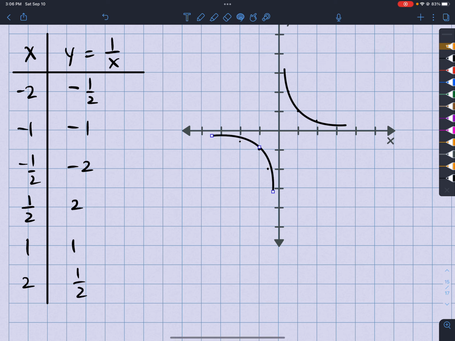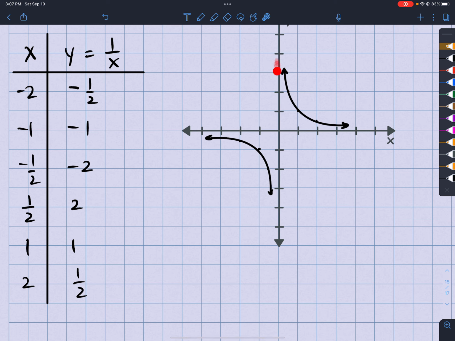All right, so the part that is really not said to you guys enough is the fact of this, okay? So yes, this goes on forever that way, and that way, and that way. And notice that if I was to put in 0 in here, it'd be 1 divided by 0, which would be undefined.